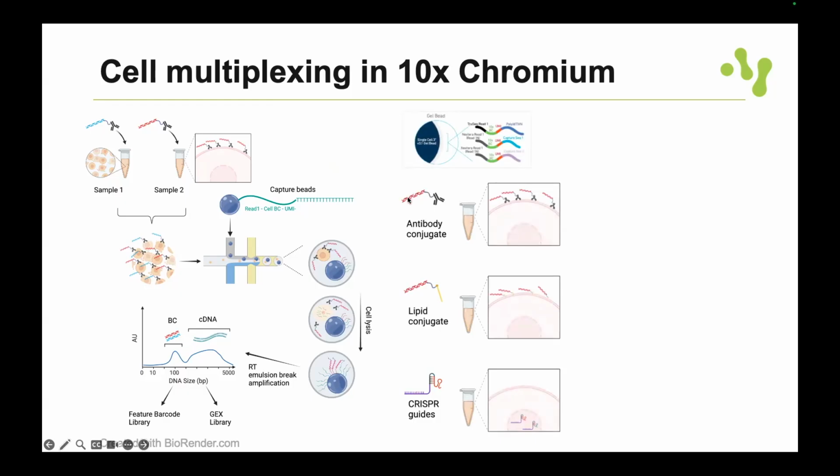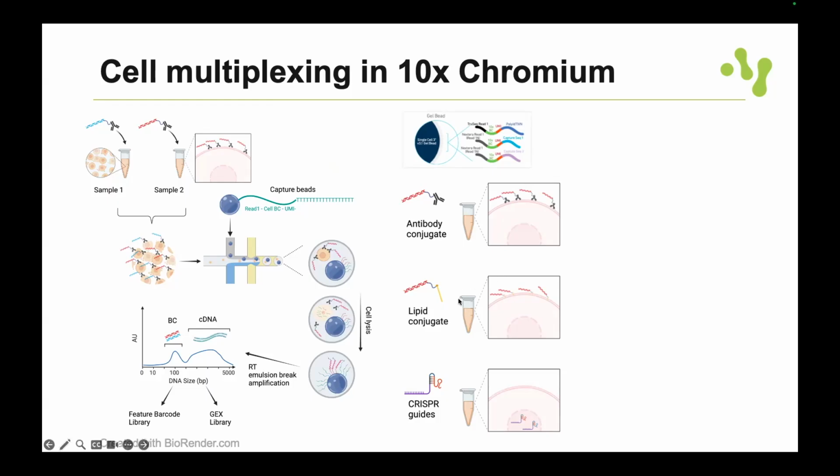So this was the antibody conjugated with a barcode. There are other ways to multiplex. You can have a lipid conjugate that goes just to the cell membrane, not by antibody. That's what 10x themselves call CellPlex.